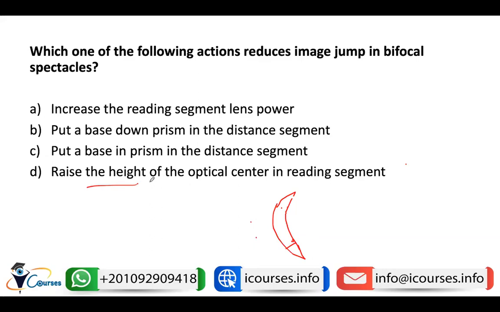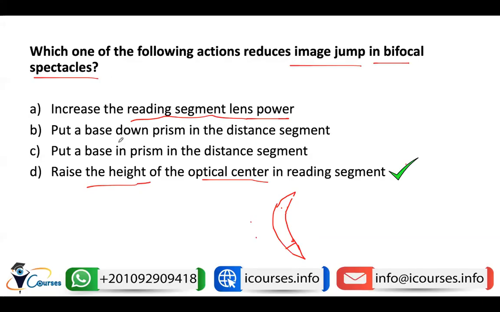It raises the height of the optical center in the reading segment. So increasing the reading segment lens power will just add more to the problematic image jump which appears in bifocal lenses when the patient toggles his vision between the near segment and the distant segment. This will be the most problematic issue for patients using bifocal lenses.